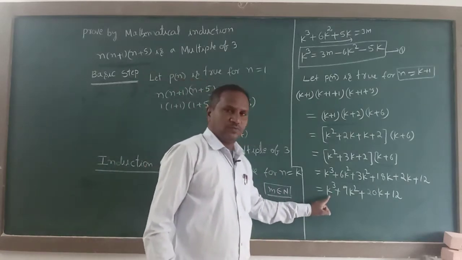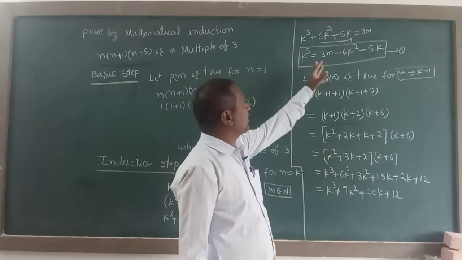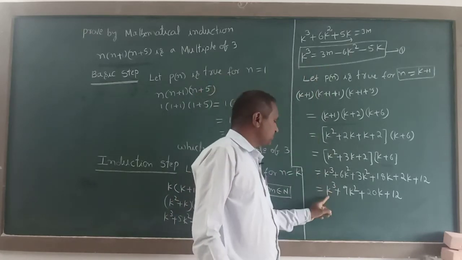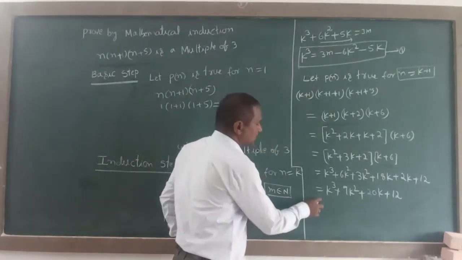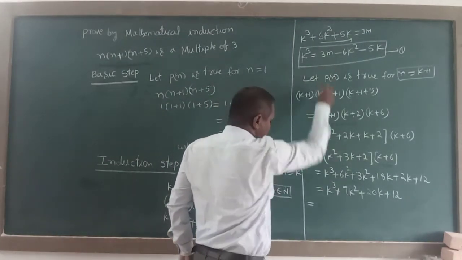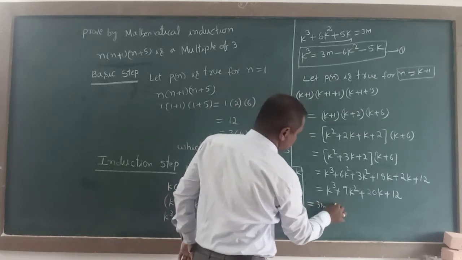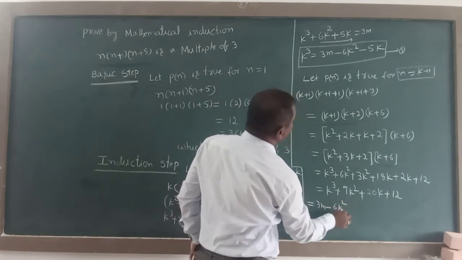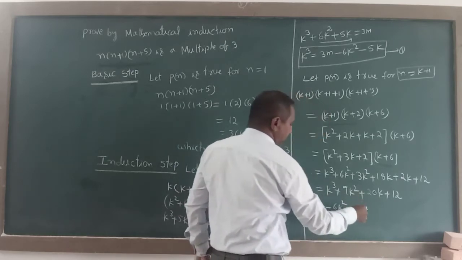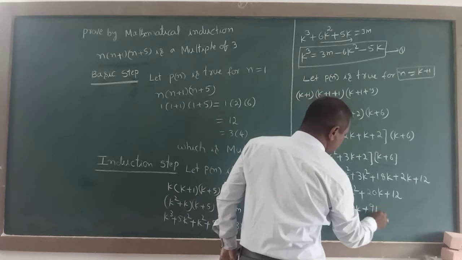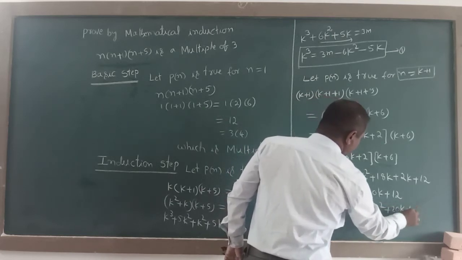From equation 1, what we have for k cube, bring and substitute in place of k cube here: 3m minus 6k square minus 5k, with the remaining terms 9k square plus 20k plus 12.